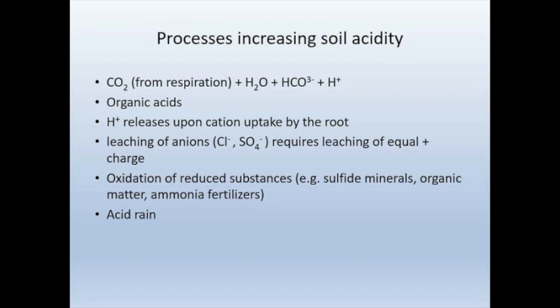As we leach away ions like calcium or chloride and sulfate, they require a leaving ion to keep things positively charged, so we lose basic cations. They're replaced by H+. Oxidation of substances, especially sulfides, reduce things. Acid rain.